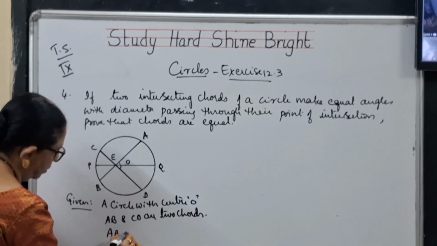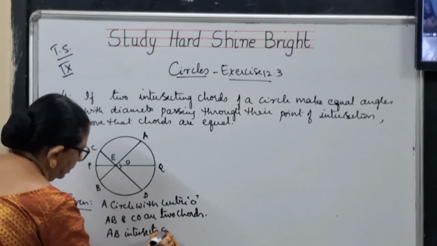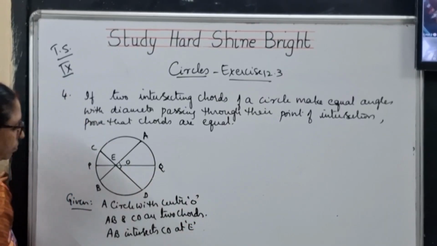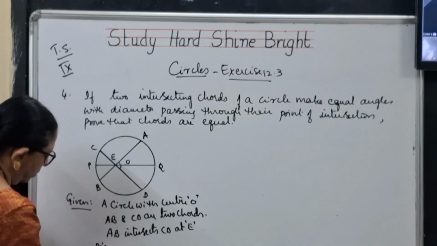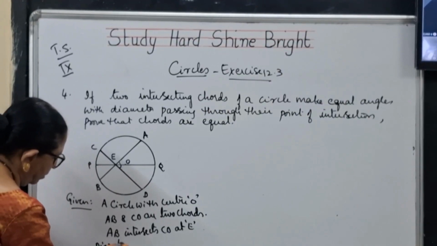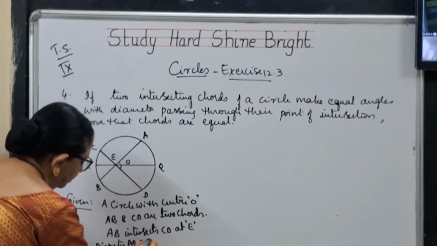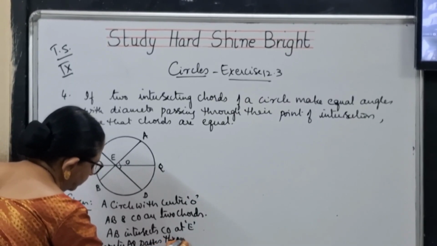AB intersects CD at E and diameter PQ passes through E.